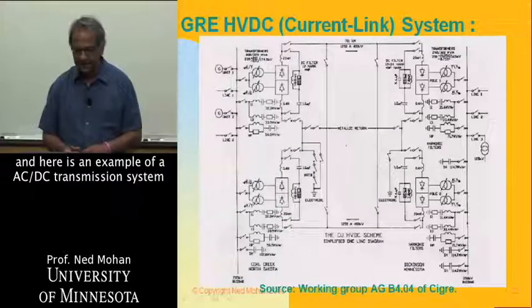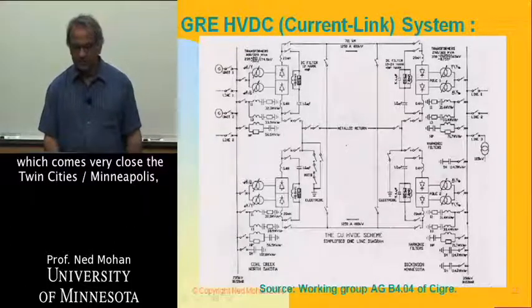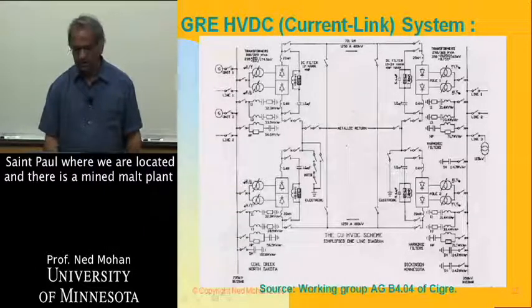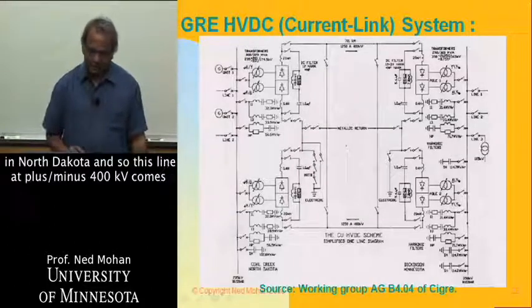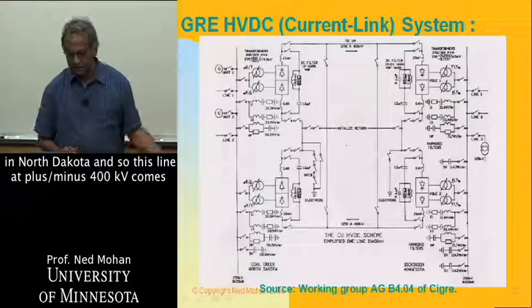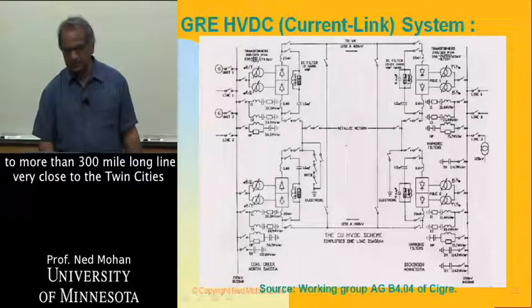And here is an example of an HVDC transmission system which comes very close to Twin Cities, Minneapolis, St. Paul, where we are located. There is a mine mouth plant in North Dakota, and so this line at plus minus 400 kV comes to, it's a more than 300-mile long line, very close to the Twin Cities.